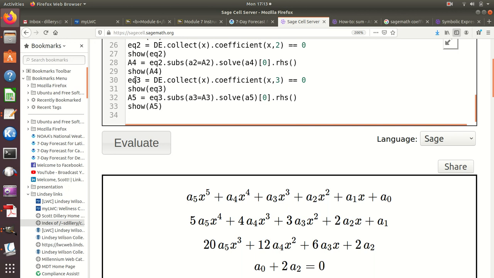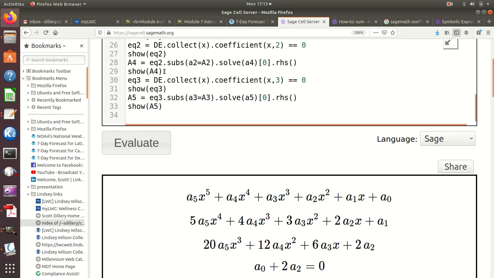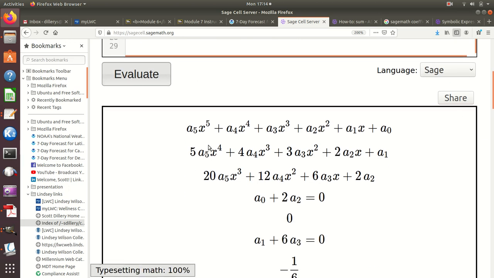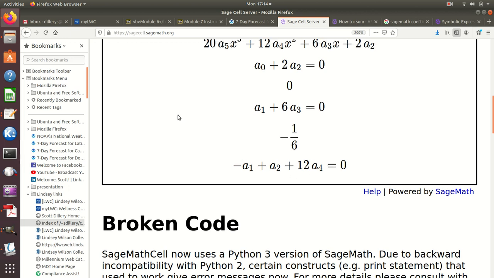So if I look here at equation 2 and just get rid of that for a minute and evaluate, we'll see. I'll have to substitute for both A1 and A2 to get A4.